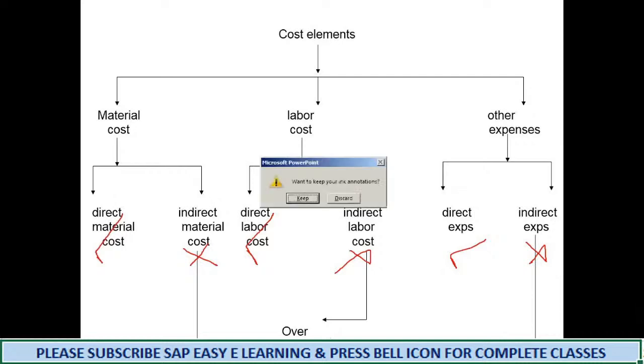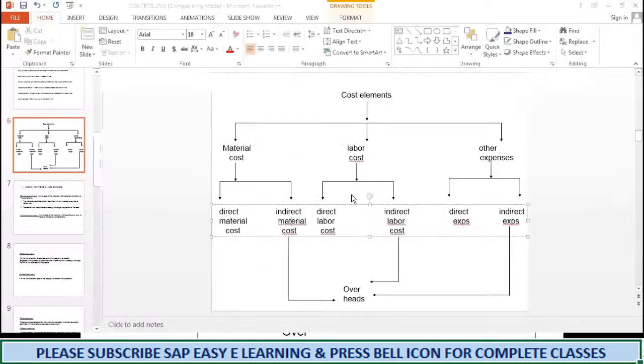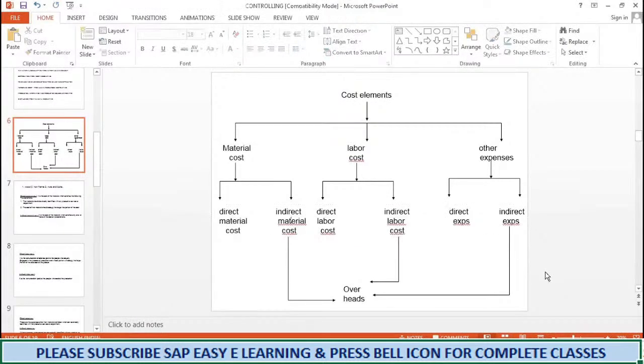And these overheads are classified in many ways. The most important classification for the purpose of our cost accounting is functional classification. Functional classification of overheads means administration overheads, factory overheads, sales and distribution overheads, research and development overheads.